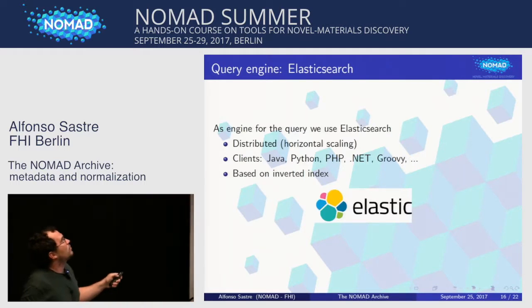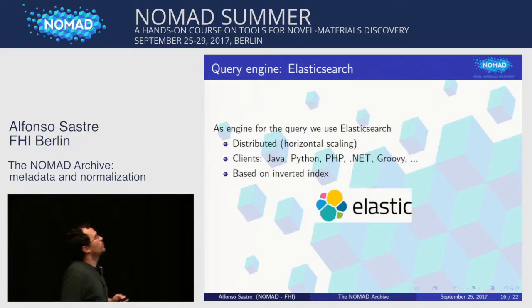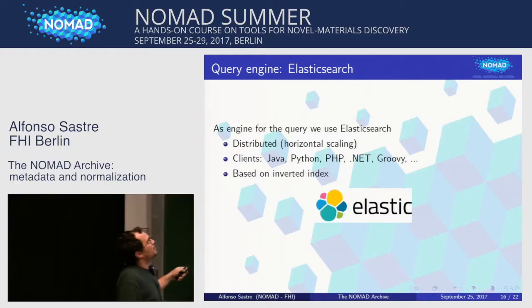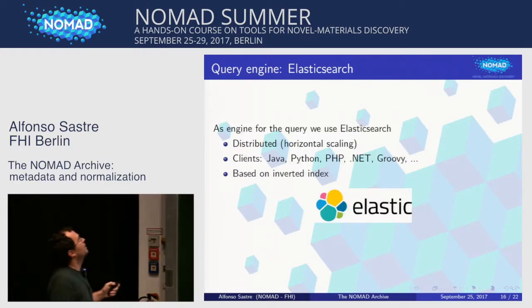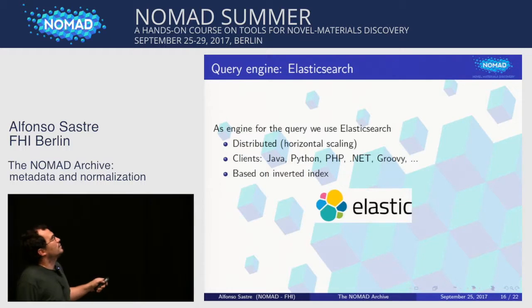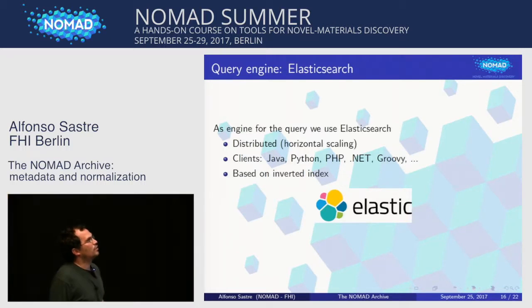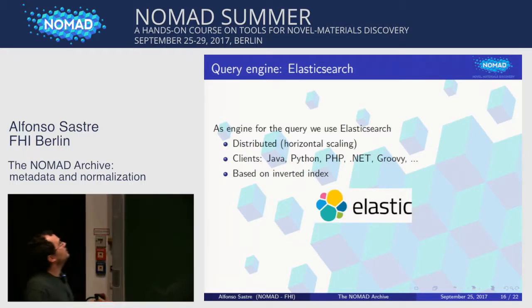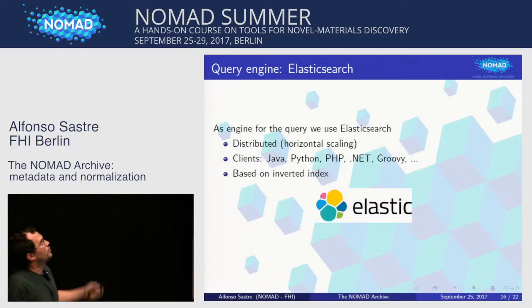You have clients for all the most used programming languages, even though we don't have access, at least externally, to our Elasticsearch. These technologies are based on an inverted index that allows you to query very fast in whatever search engine. So the important thing is how you define your index.